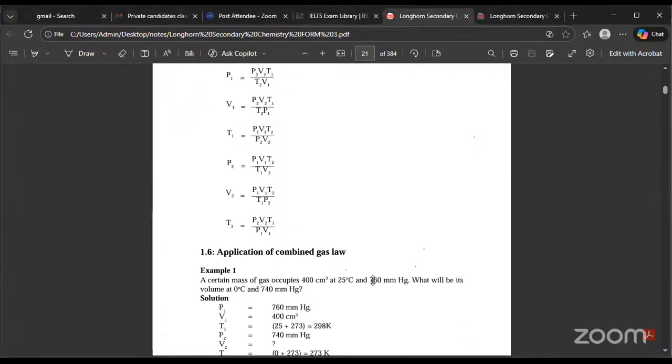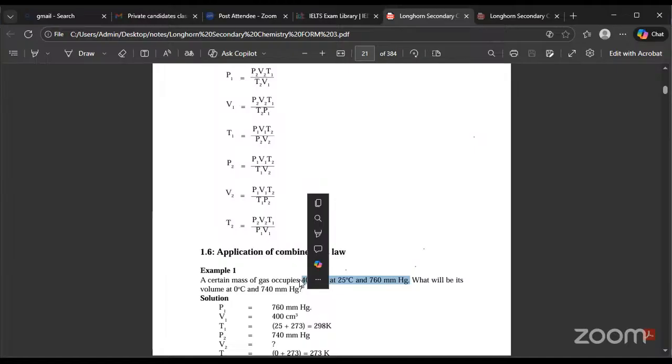So let us see how we're doing it. Number one, you identify the variables. We have P1, pressure 1, which is 760 in that case. We have volume 1, 400. Remember what I said earlier: the first values all fall under 1. So it is either pressure 1, volume 1, temperature 1.